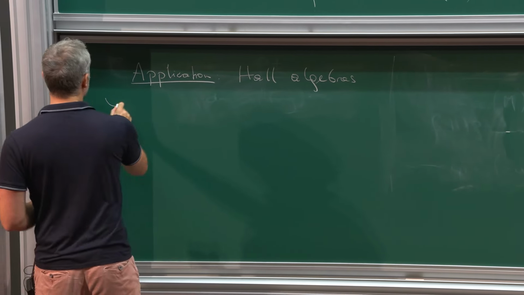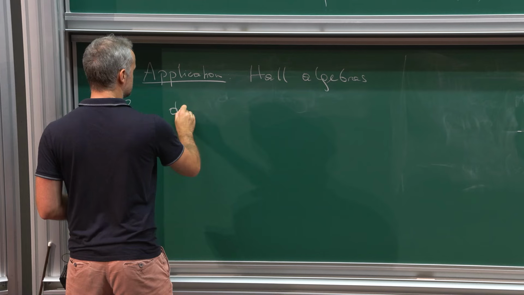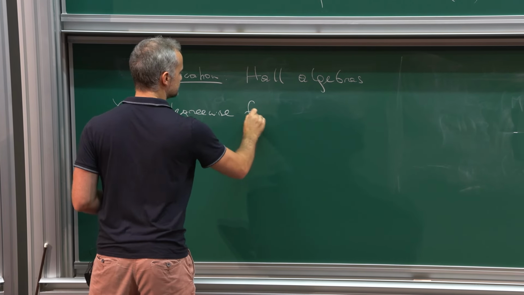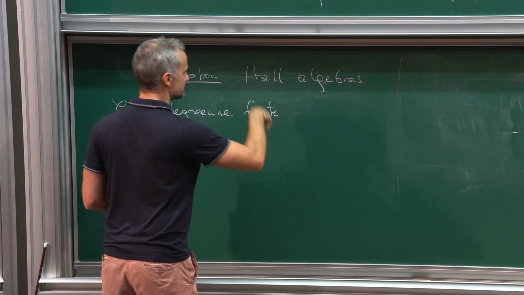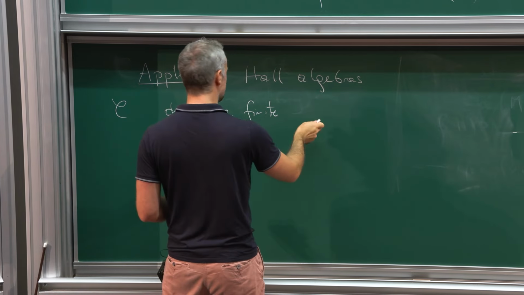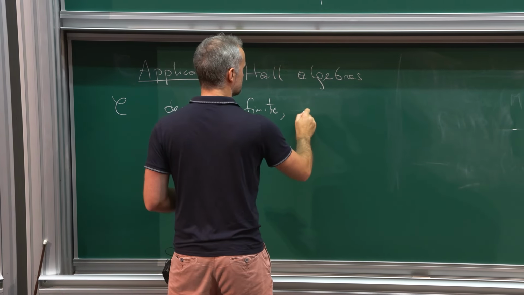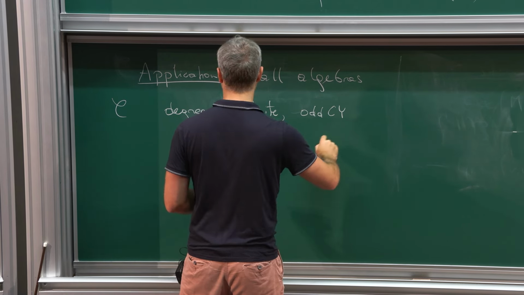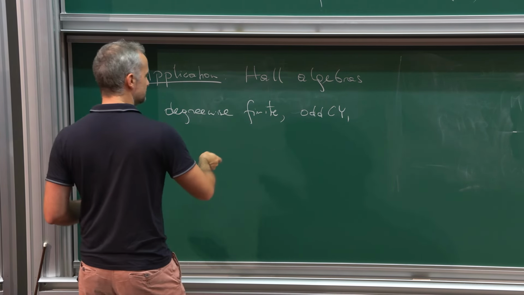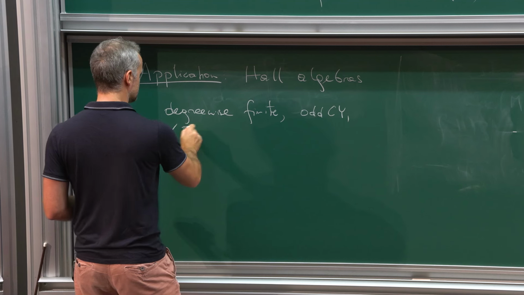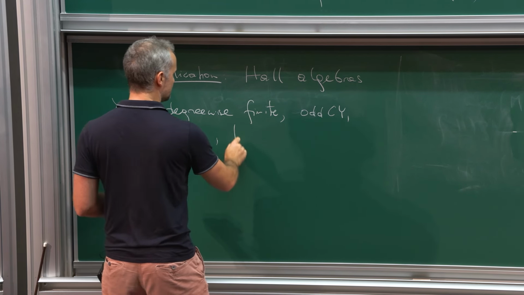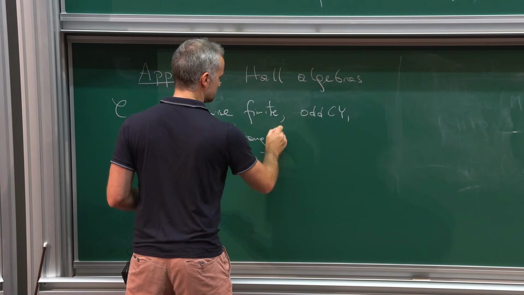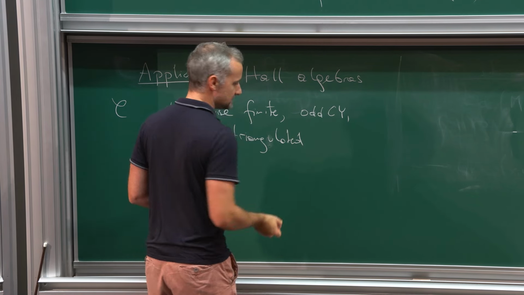So C will be degree-wise finite, meaning that the dimension of all the Ext groups are finite, odd Calabi-Yau, over a finite field and triangulated, or pre-triangulated. Not necessarily periodic.